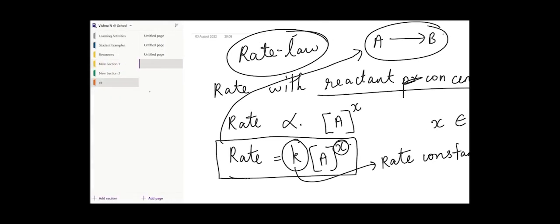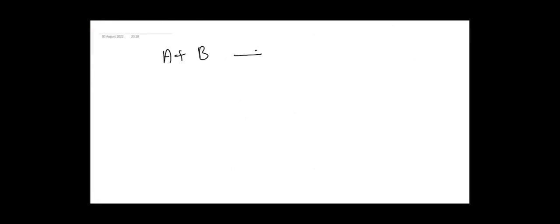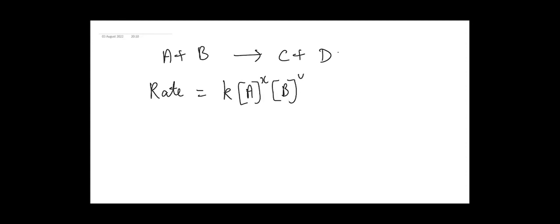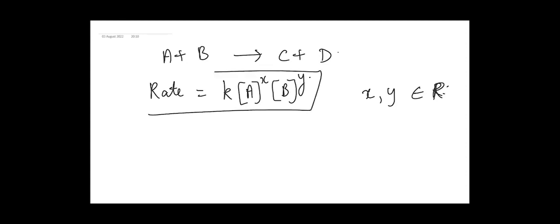So now this is a simple reaction. What is the rate equation for a complex reaction? Say suppose A plus B gives C plus D. Now the rate can be written as k times A power x into B power y, where x and y belong to real numbers. This is the rate equation.